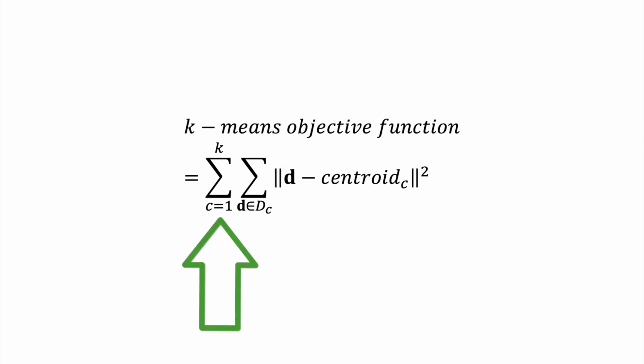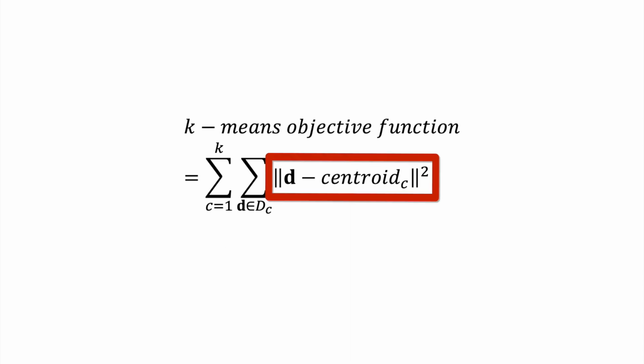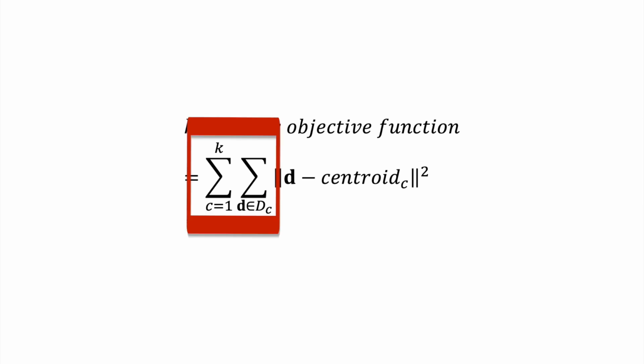Notice that we iterate over each cluster. Within each cluster, we iterate over each of the points or vectors D in that cluster. That is, we are computing the squared distance between each data point and the centroid of the cluster the point is assigned to, summed over all data points.